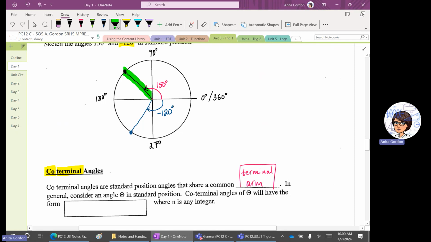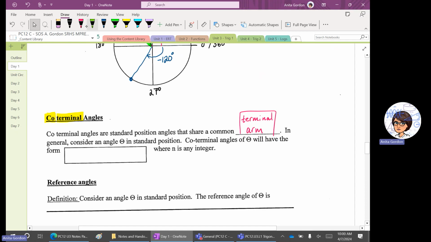So that is what we call the terminal arm. So in standard position, we consider the angle in standard position, and a coterminal angle is any angle that has the theta that we originally measured plus or minus 360 degrees times n, where n is any integer.